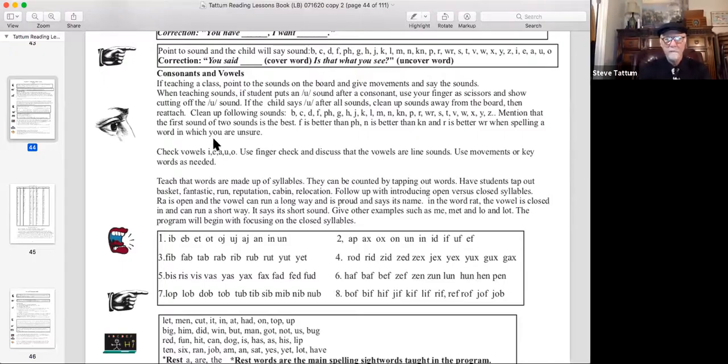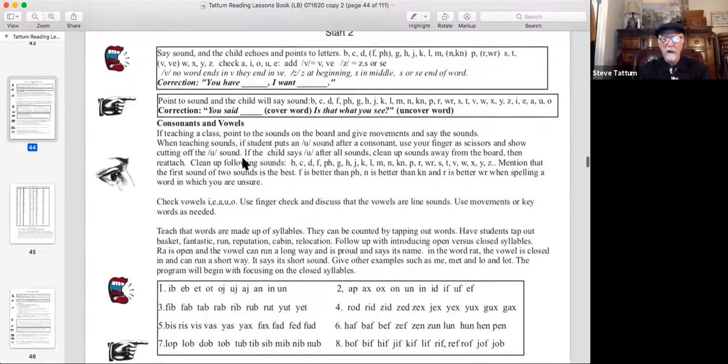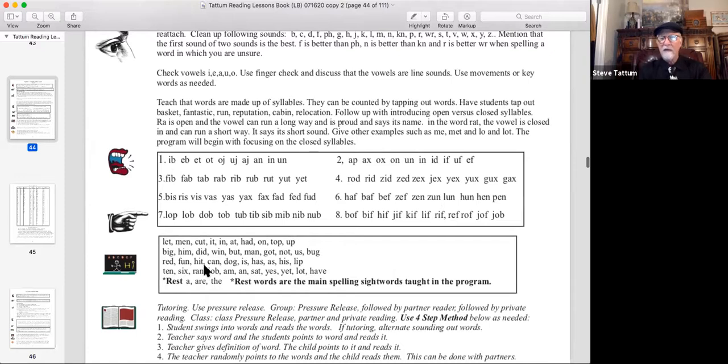So I took the high frequency spelling words and added them at the bottom of the concepts. So notice the first ones for concept 1, they're called rest words because they're not the best. These are the best. These are the rest. Is A, that's the first one. A, well, that's usually not a problem. R, as I noted, is a problem, and the.